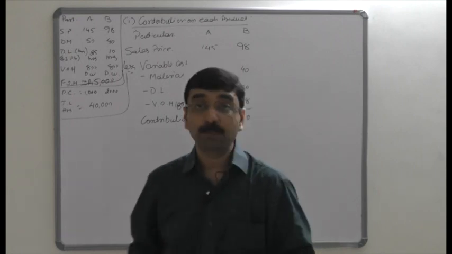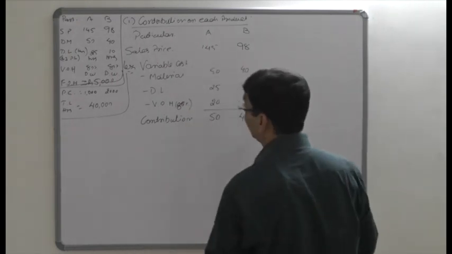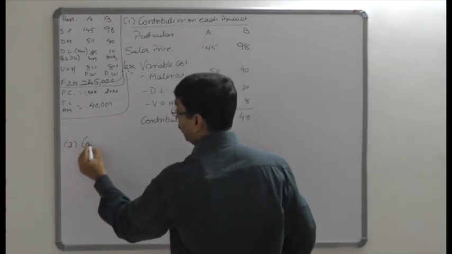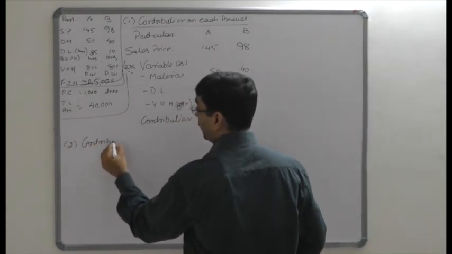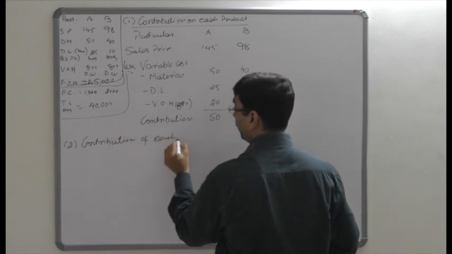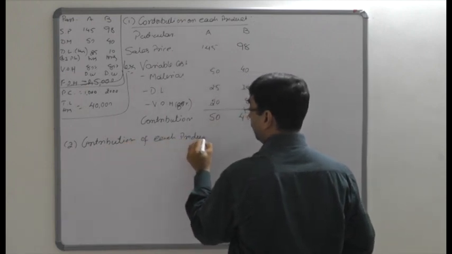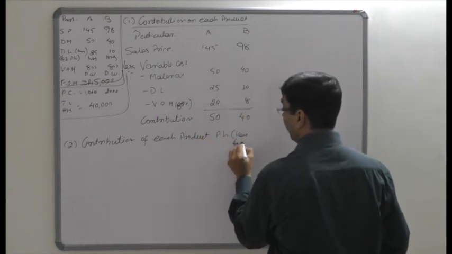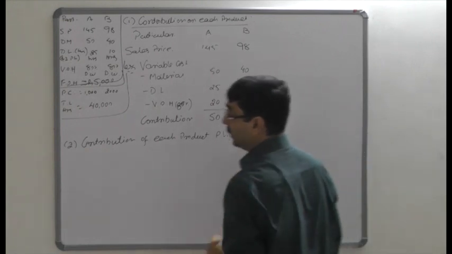Now the contribution per unit as per the key factor would be identified, and that is your second working. We already found the contribution, but now we will find the contribution of each product per hour. Per hour means as per the key factor. How would it become?